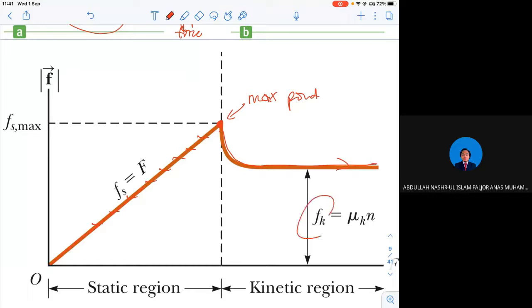If you look carefully at Fk, the value of Fk is obviously lower than the value of Fs.